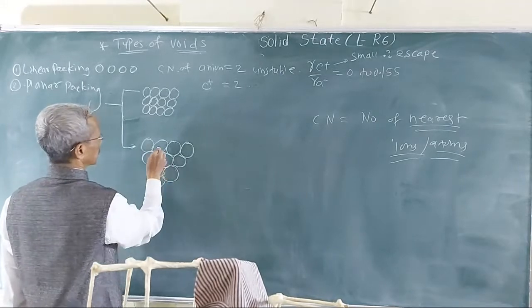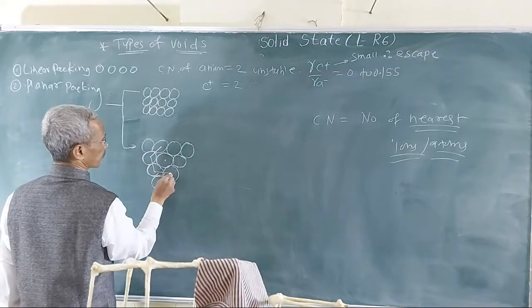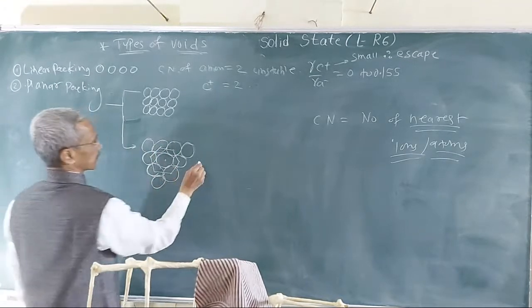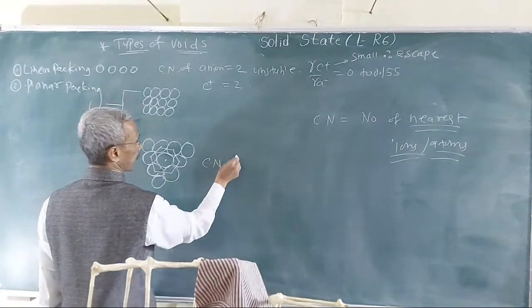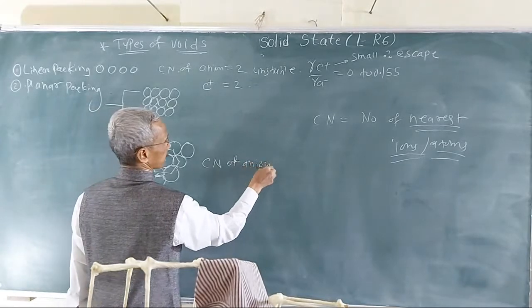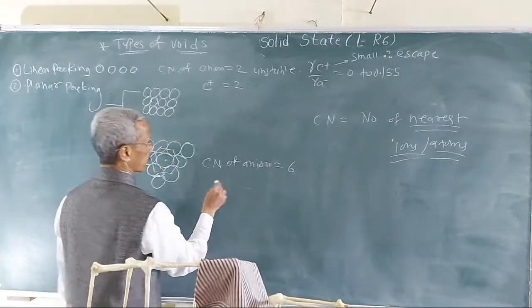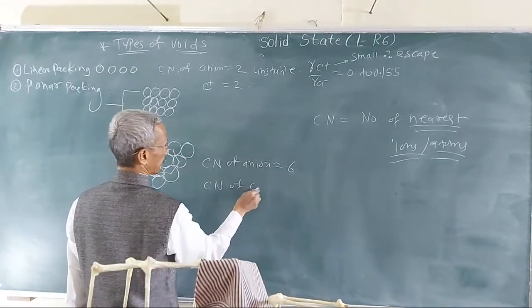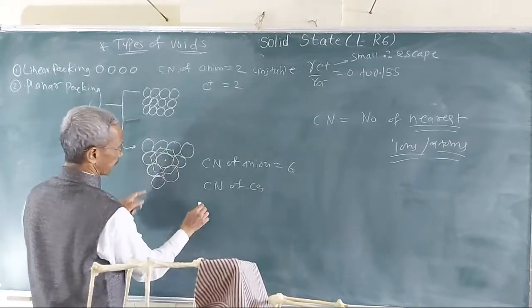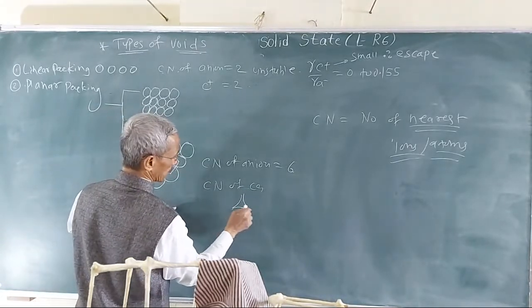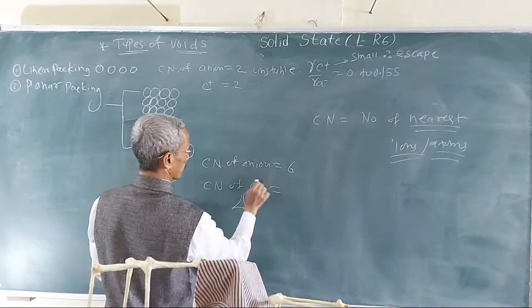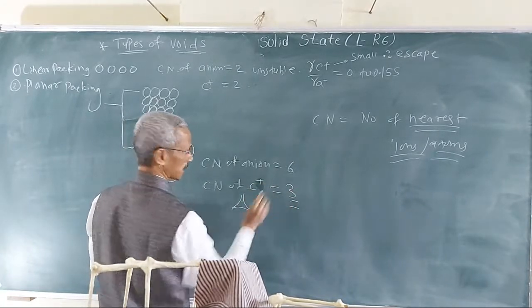So here if you consider 1, 2, 3, 4, 5, 6, the coordination number of the anion is equal to 6, and the coordination number of the cations, which occupy the triangular hole here, is only 3, like this.